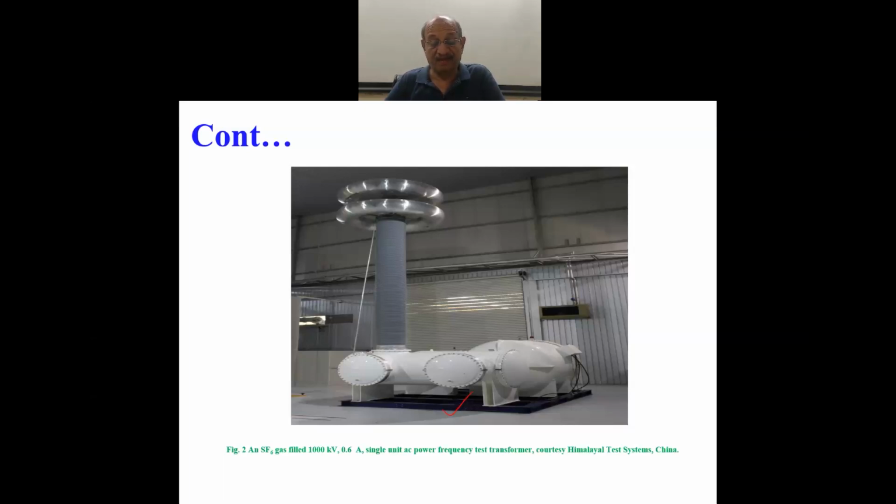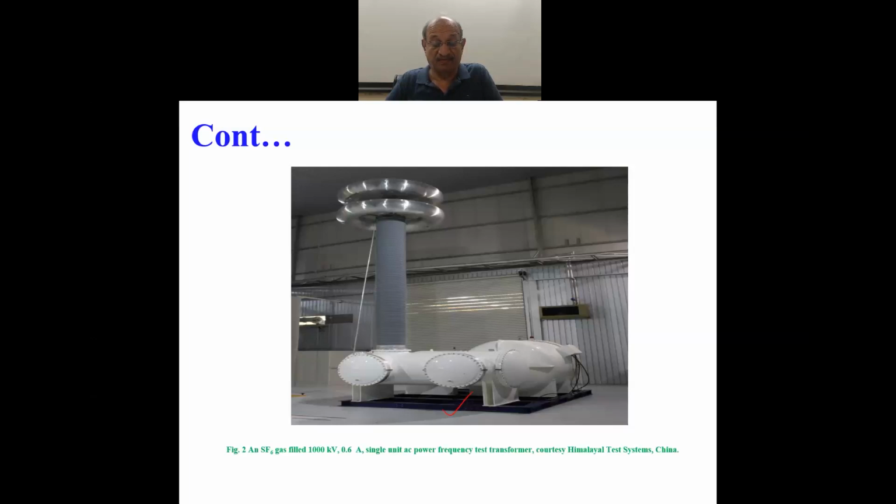And SF6 gas insulator at higher pressure works with high field intensity, and it leads to the reduction in size of the transformer windings, etc., and mainly the insulation provided to the winding tremendously. So a very compact unit of SF6 gas testing transformer photograph you are seeing.